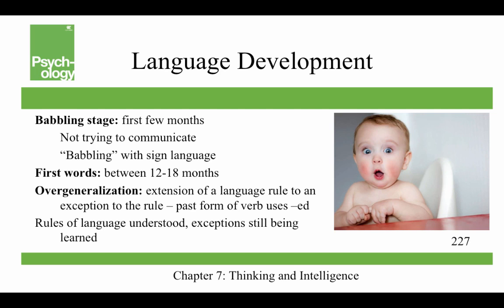The babbling stage occurs during the first few months, and children aren't trying to communicate, they're just literally babbling. And we also find that children raised in environments that use sign language show babbling in their gestures with their hands, so they're also babbling. First words usually occur between 12 and 18 months, but there's variability with this too.